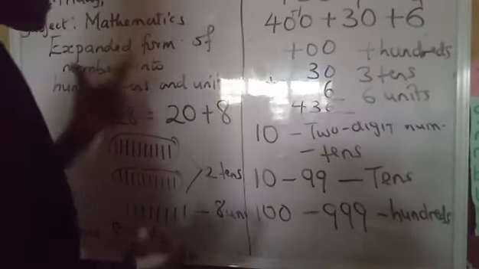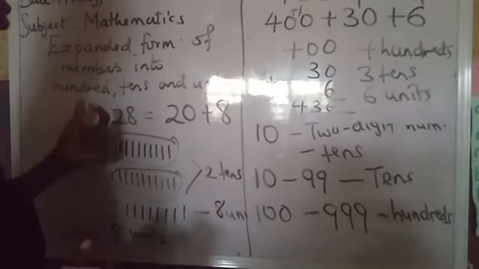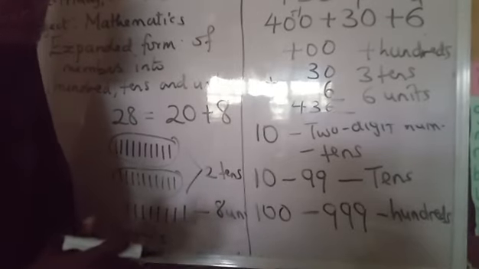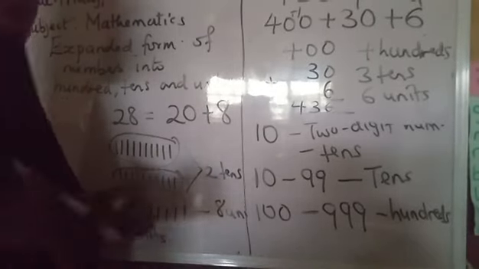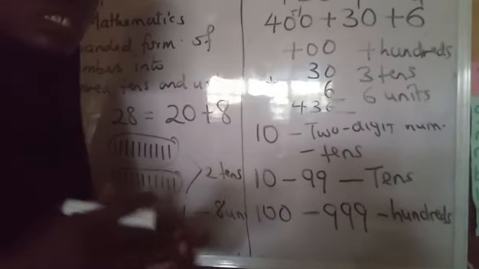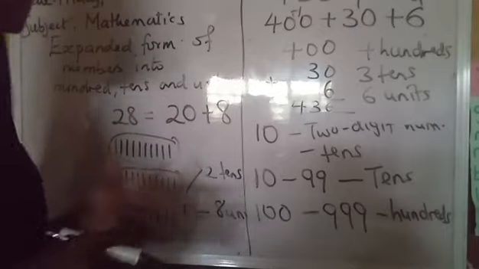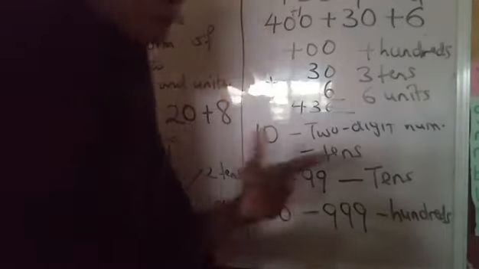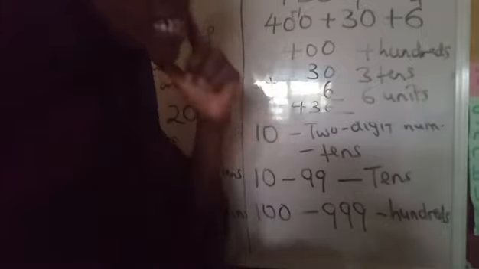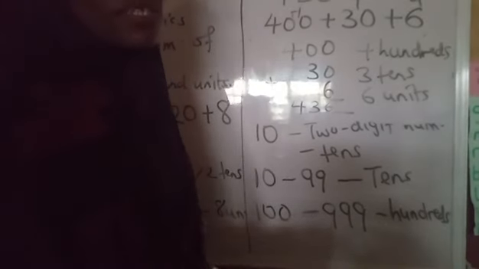We have 400, 3 tens, and what? 6 units. That is the expanded form of numbers into hundreds, tens, and units. So with this, you practice more with other numbers of your choice, you'll get to understand more about how numbers are expanded, which can be used in counting if you are confused, and you can also use it in mental arithmetic. Thank you very much.